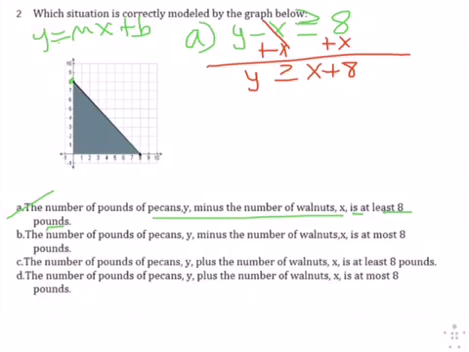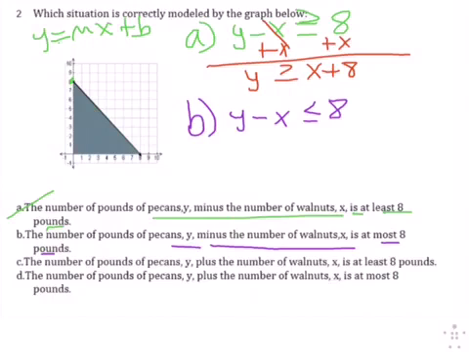If we look at the next one, for answer choice B, we have the number of pounds of pecans Y minus the number of walnuts X is at most 8. So Y minus X is at most, meaning it can't be more than 8, so we have less than or equal to 8.